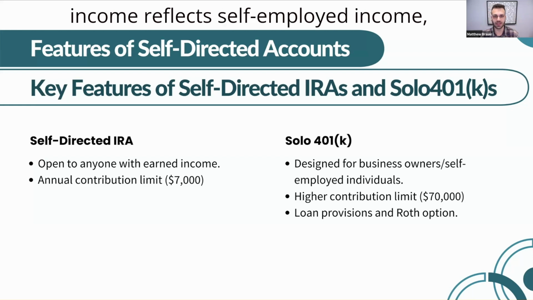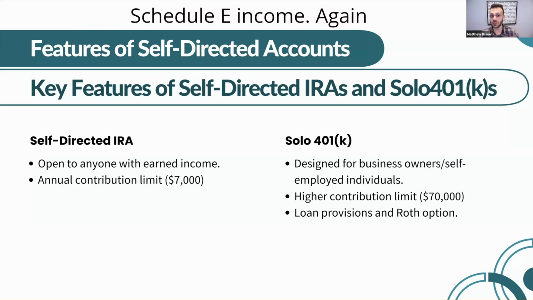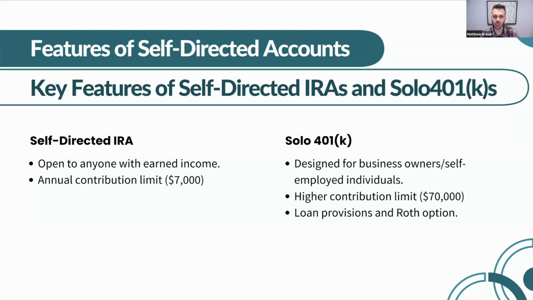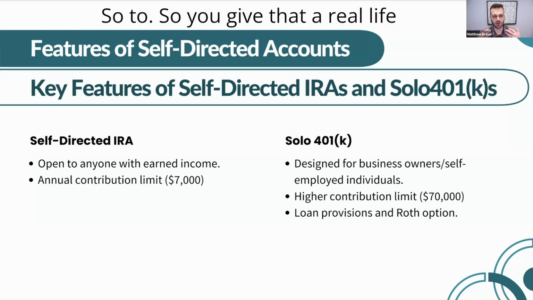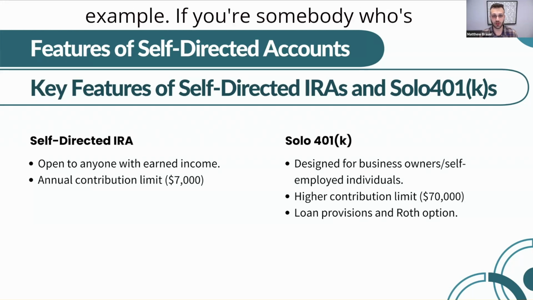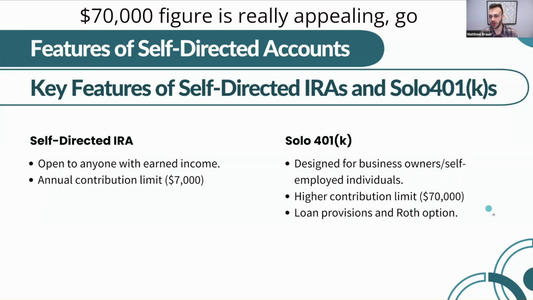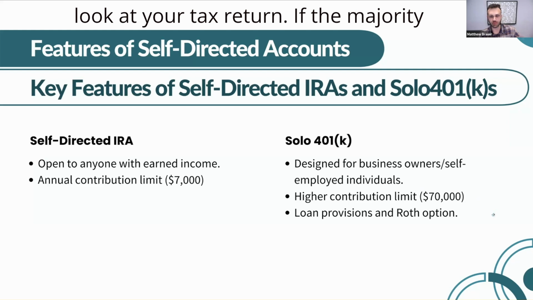Schedule C income reflects self-employed income. Schedule E income, again, not a CPA here, but I want to say Schedule E is rental income from real estate properties, and that is generally classified as passive income. So to give a real life example, if you're listening to this and you see this $70,000 figure is really appealing, go look at your tax return.